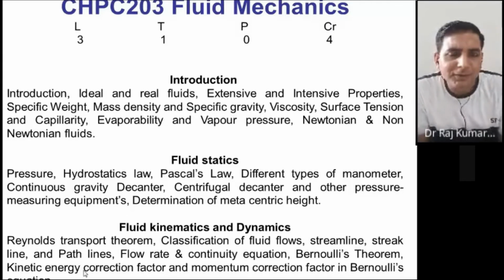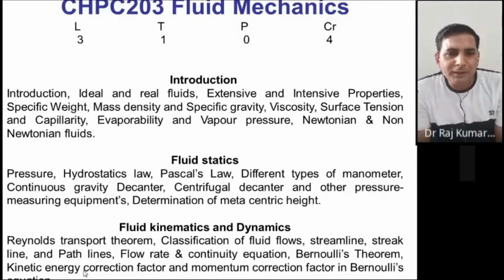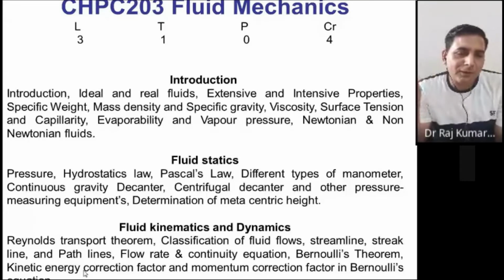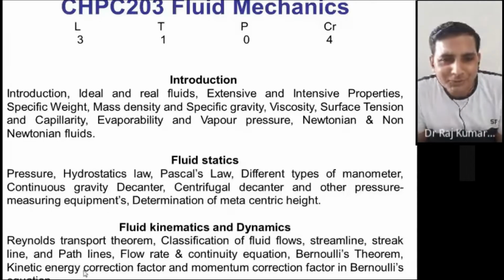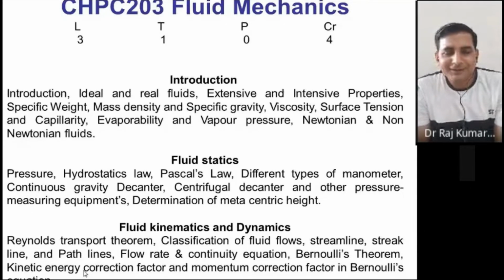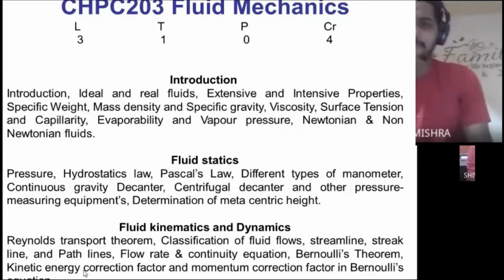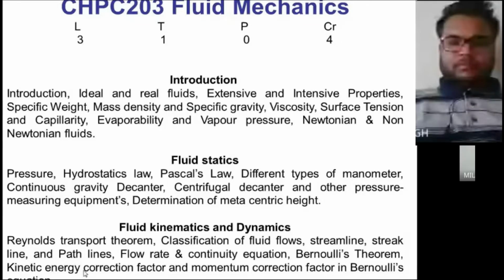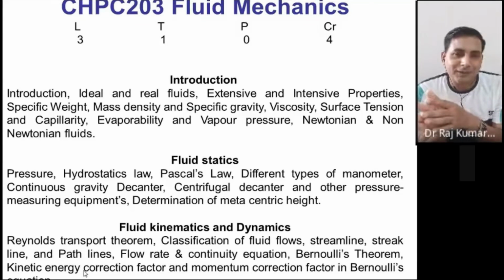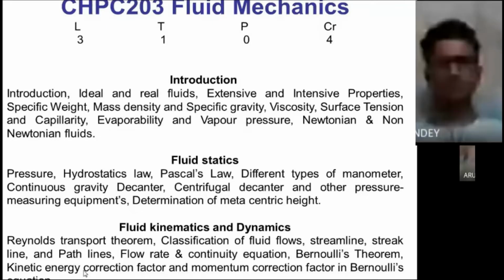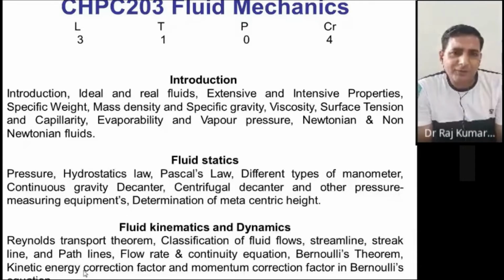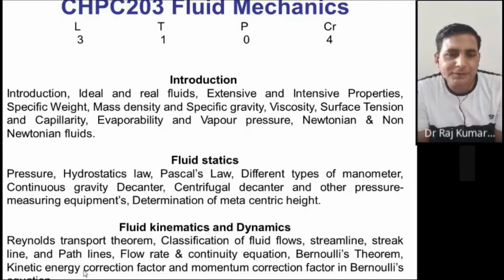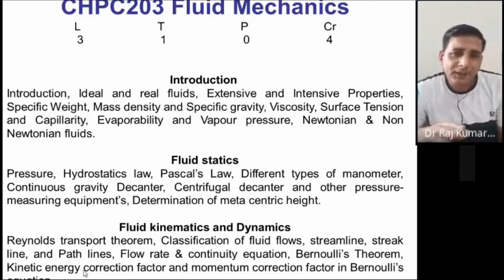Same way you have the momentum correction factor. Mass into velocity is called the momentum, right? You might have done Newton's second law, where you calculate the applied force as the rate of change of momentum.